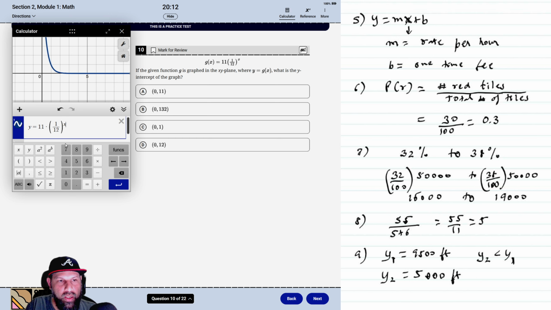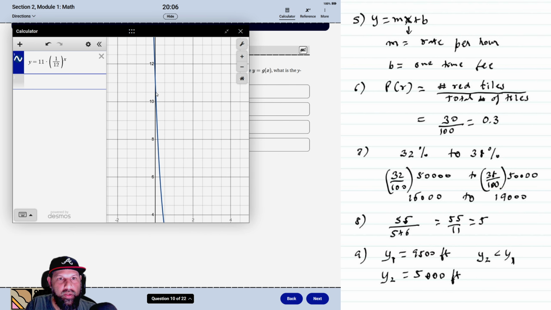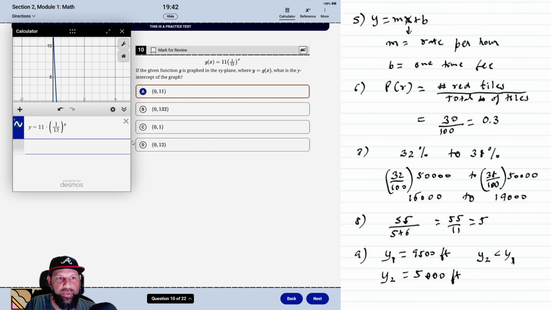As you can see in blue, the graph is drawn for us by this program, and you can snap onto this point. This point represents where the graph intersects the y-axis, which is also called the y-intercept. So the coordinate for the y-intercept is 0, 11, which is option A.